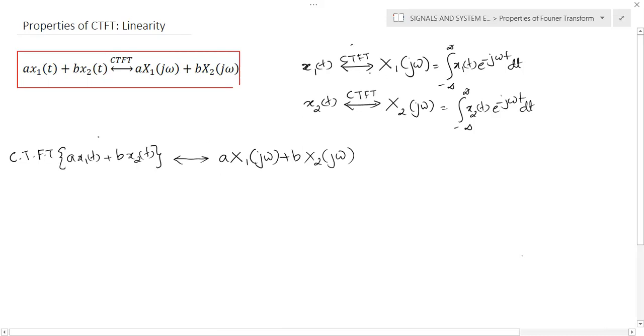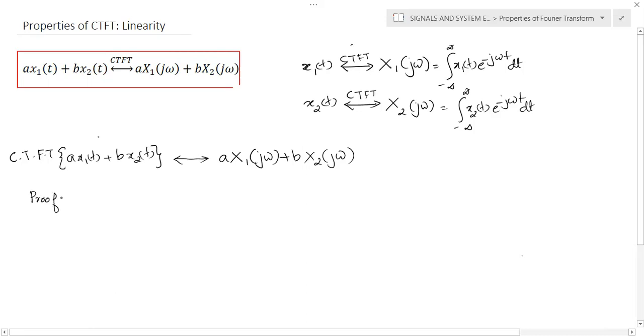That is, if you know the Fourier transform of x1 of t and x2 of t, I can simply add them, and you will get X1 of j omega plus X2 of j omega. And if you are multiplying the first signal with a constant a, the corresponding multiplication we can apply in the Fourier transform. That's the scaling property, amplitude scaling.